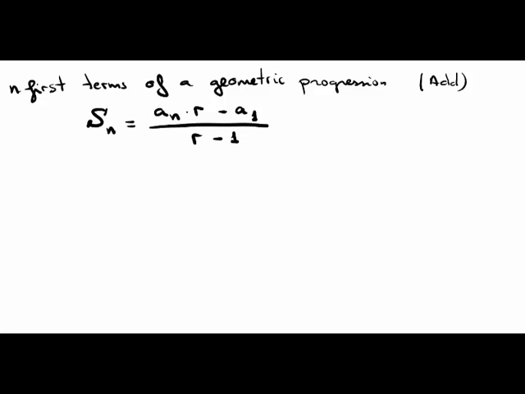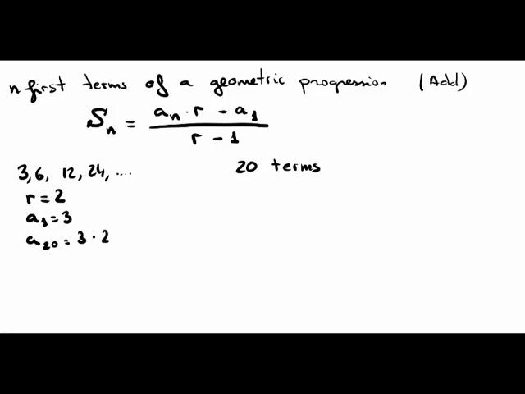So, for example, with the sequence I have been studying, I want to add again the first 20 terms. I know the ratio equals 2. The first term equals 3. And I also need the 20th term, which can be calculated as 3 multiplied by 2 to the 19th.